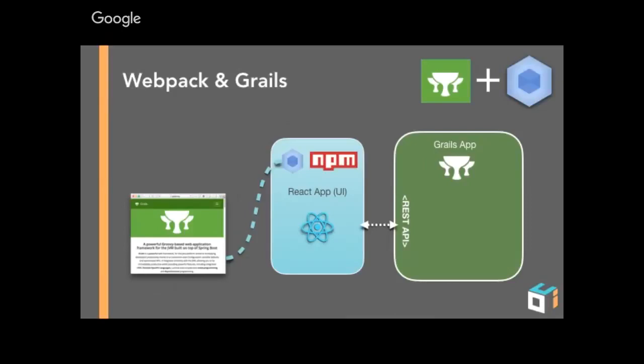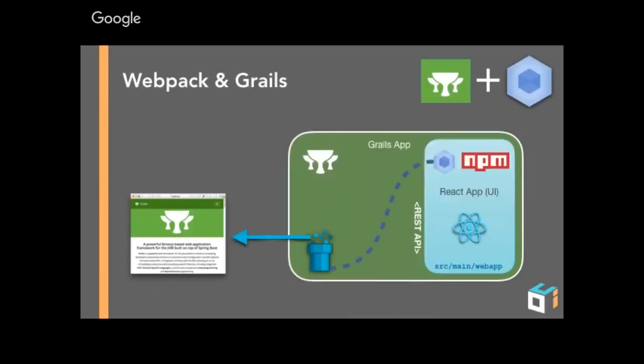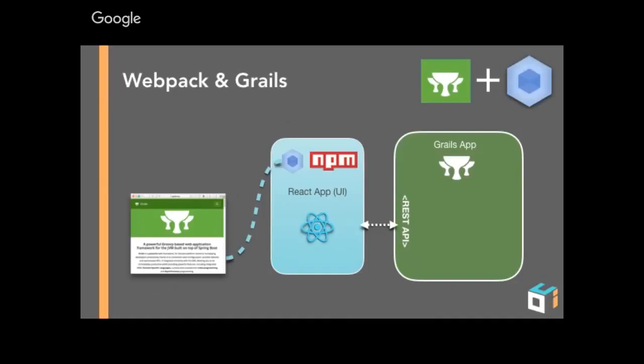And the nice thing about this approach is that because the React app is self-contained, there's a fairly minimal amount of change that has to happen to move the React app out of the Grails application down the road. So if you're starting out with, say, a monolithic application and you want to have a React UI, but you're not ready to split it out just yet, it really just comes down to changing your Webpack config and moving the files into their own repository, for instance.